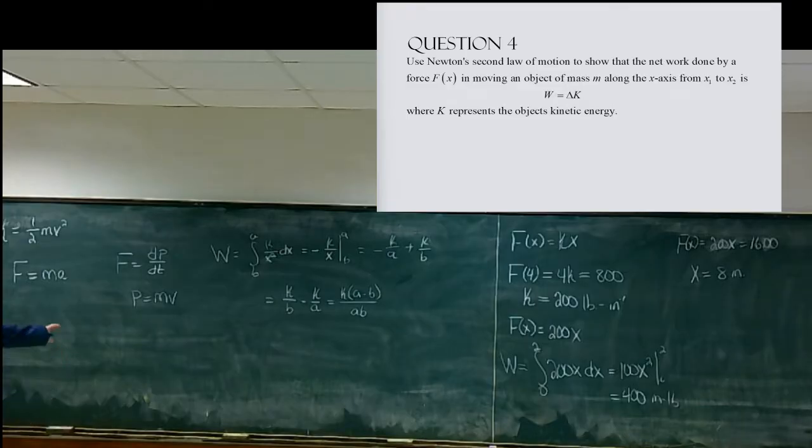Which is why intro mechanics and Newtonian mechanics use Newton's second law: the speeds are so slow you can just ignore the change in mass. You can treat mass as constant for sublight speeds. Once you get really close to the speed of light, you can no longer use Newton's second law. You have to use change in momentum, because now mass isn't constant, and you have to account for that.